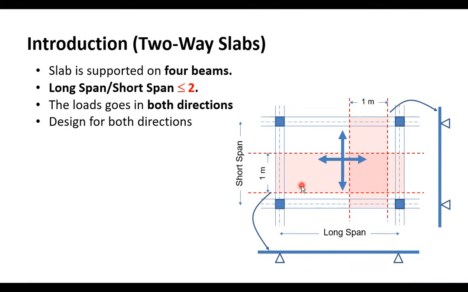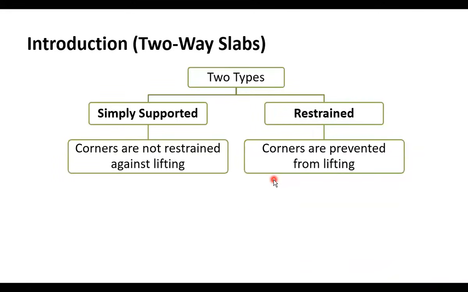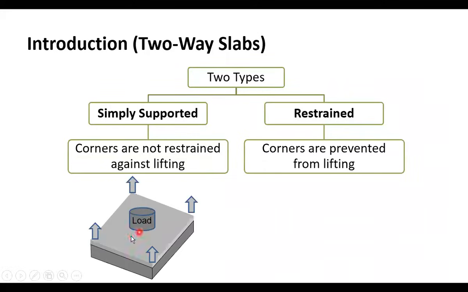Okay. So in two-way slabs, we have two main types. The first one is called simply supported two-way slabs and the second is restrained two-way slabs. In the simply supported two-way slabs, the corners are not restrained against lifting. To show this, if you have a slab, the slab in this case is supported on beams, but there is no connection between the slab and the beams.